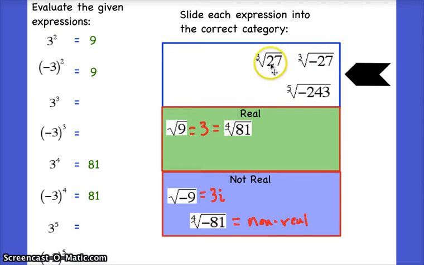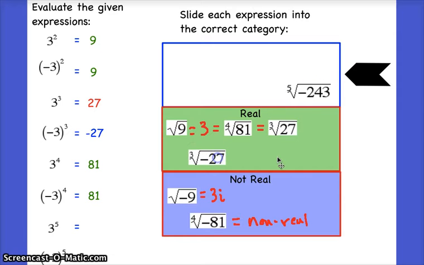Now remember, with a third root, 3 to the third is 27, but negative 3 to the third is negative 27. So both the cubed root of 27, being equal to 3, and the cubed root of negative 27, being equal to negative 3, they're both real numbers.